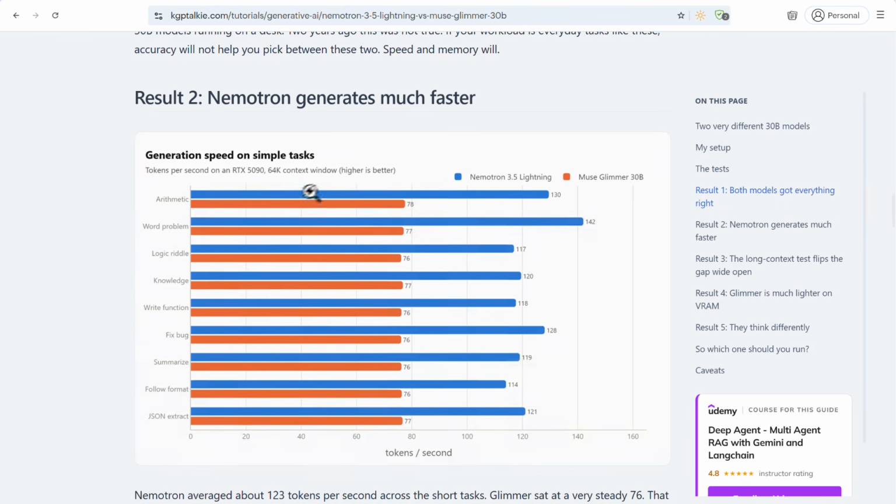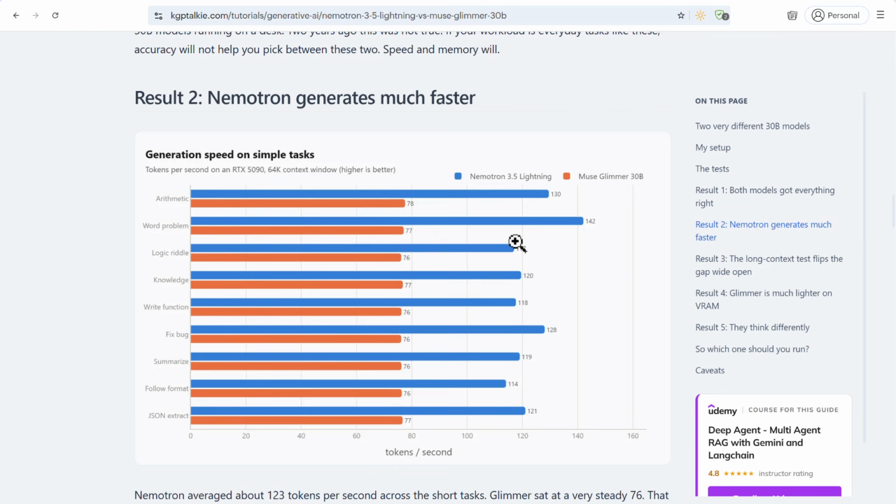Apart from that, another thing you will notice is that the Nemotron generation speed is much faster than Meta's Muse Glimmer. Nemotron's generation speed is always more than 115 tokens per second. On average, it achieved around 120 to 125 tokens per second.